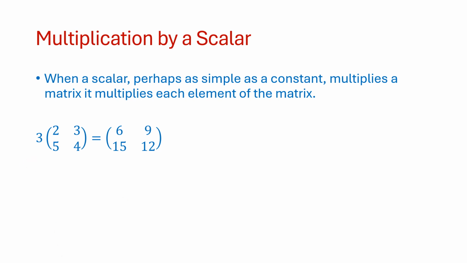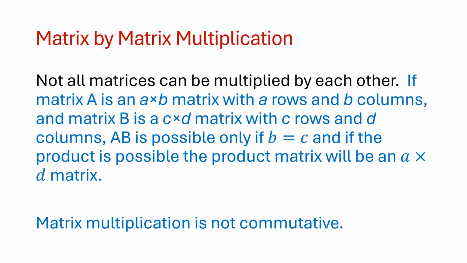Well, then the question comes up, what if I have a matrix times a matrix? Not all matrices can be multiplied by each other. If matrix A is an A by B matrix with A rows and B columns, and matrix B is a C by D matrix with C rows and D columns, AB is possible if and only if B equals C. So they have to fit together just right.